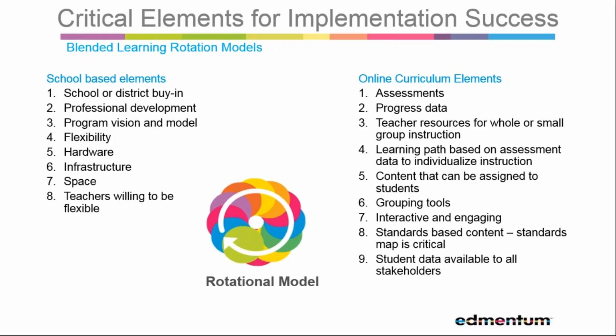From an online content standpoint, it's crucial that there are abilities for quick access to student data, that the assessments are relative to students' needs and interests, and that you have some grouping tools, right? Some ability for your teachers to take that data, aggregate it, and move it to where it might need to be.